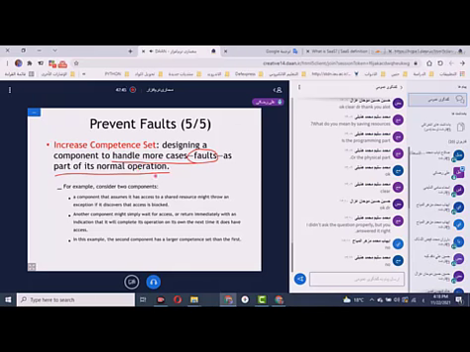It can say, okay, do you want to save the output as a PDF file so you can print it later, or do you want me to wait for you to attach the printer cable to let you print? Okay, this is an increased competence set.